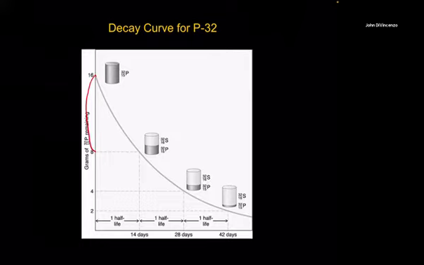I've worked with S35, also a radioactive isotope. And then the next time it loses 4. Next time it loses 2. So you get the idea that this can drag on for a while. And that's one of the problems with nuclear waste. Because of the way half-life works, it takes an awful long time for some of this stuff to decay.